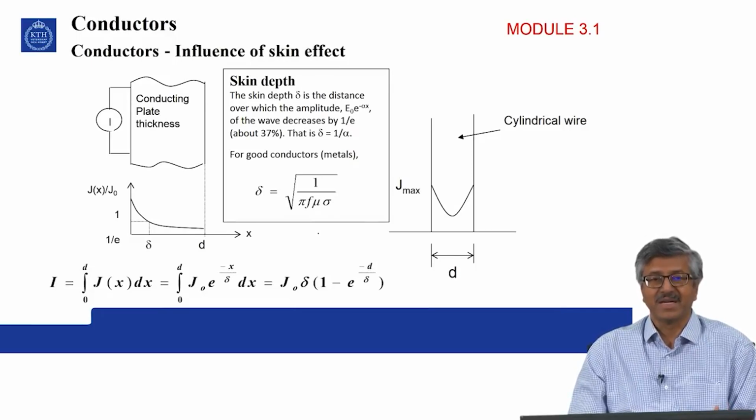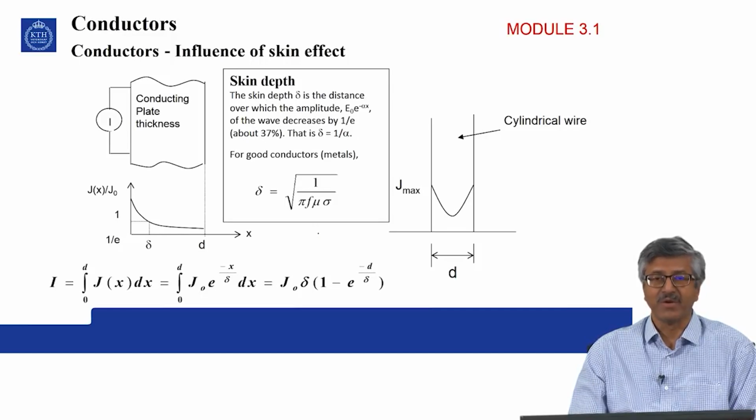So, all the currents are confined to the skin, but there are no real superconductors. All these conductors that we use are not superconductors and have finite conductivity like copper, iron or aluminum. With finite conductivity and under DC, the current distribution across the cross section is uniform.